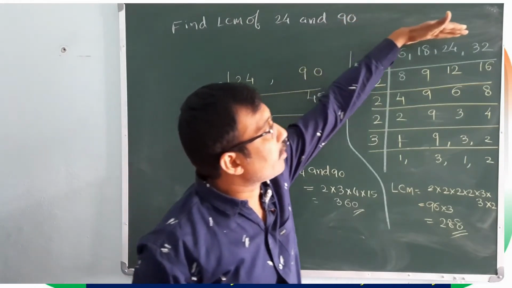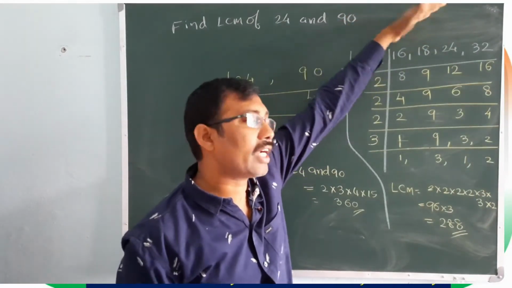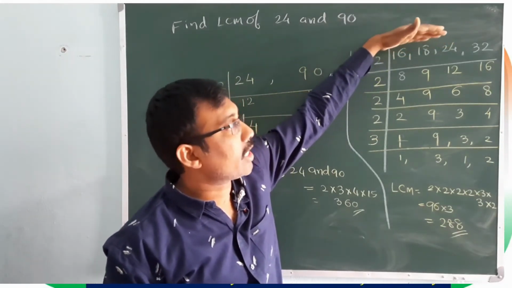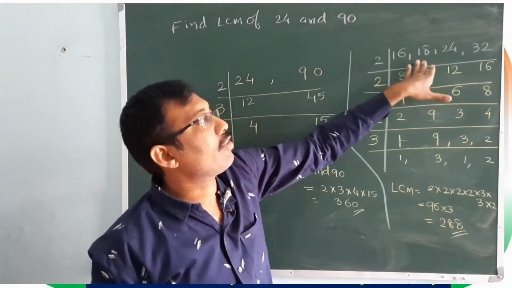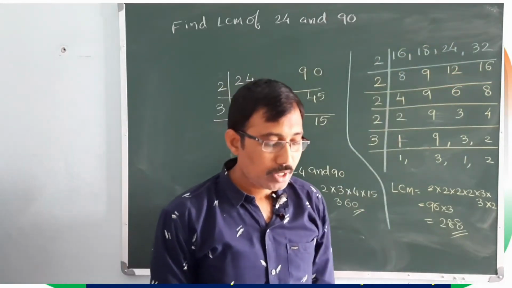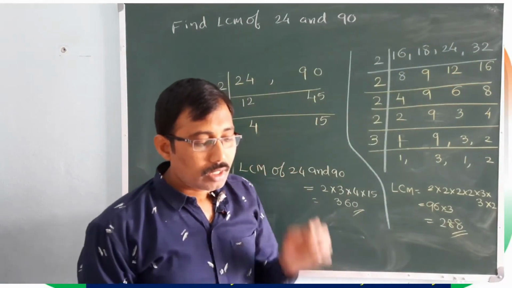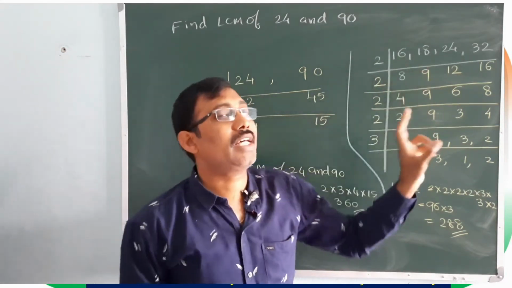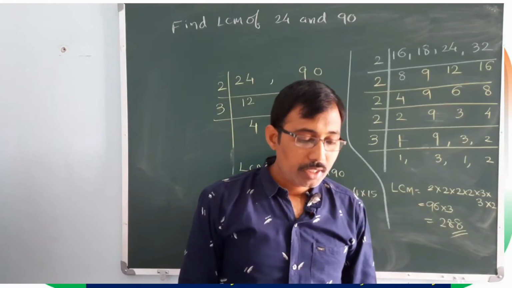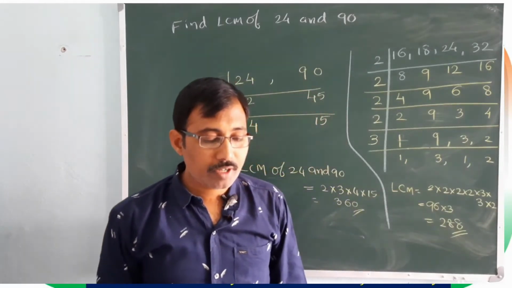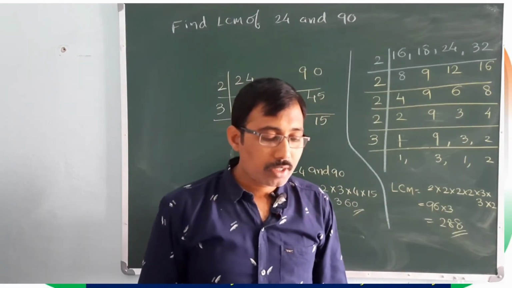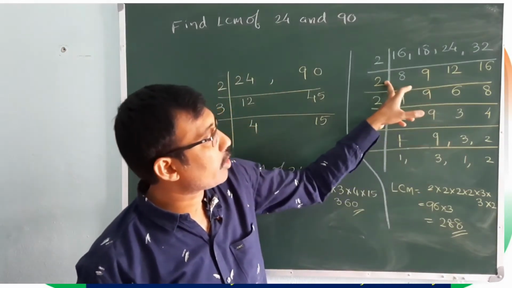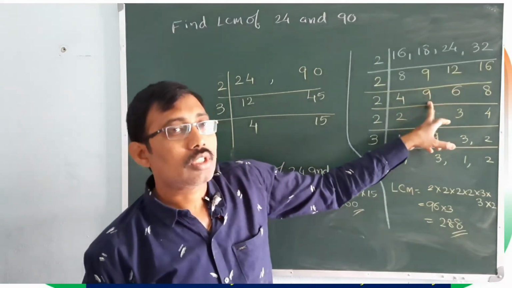First step, write the given numbers in any order, ascending or descending, separated with commas. Second step, divide by a number; a minimum of 2 numbers must be divided by it. Next, extract at least 2 of the given numbers and carry forward the numbers which are not divisible by the number. 9 is not divided by 2, so 9 is written down and carried forward.